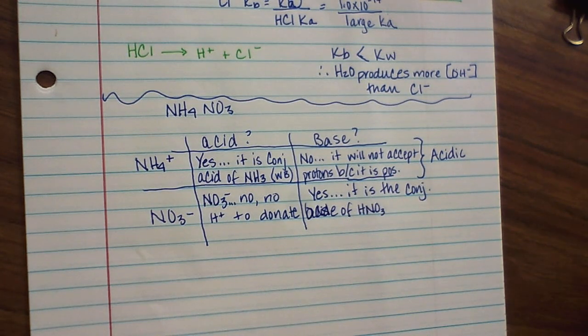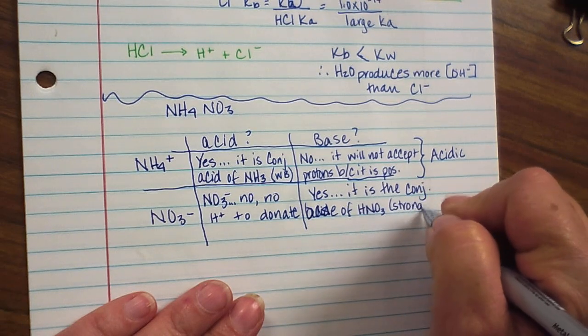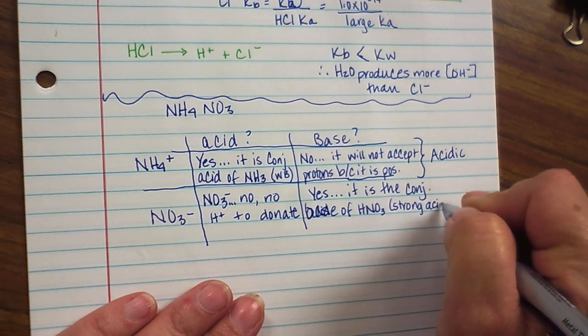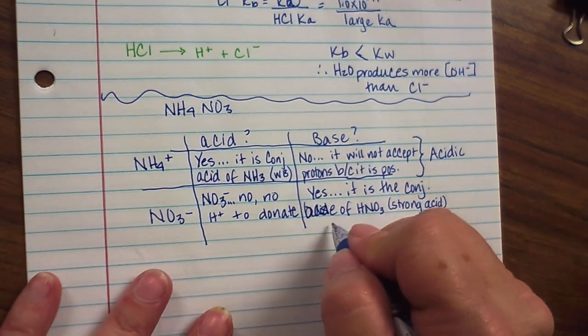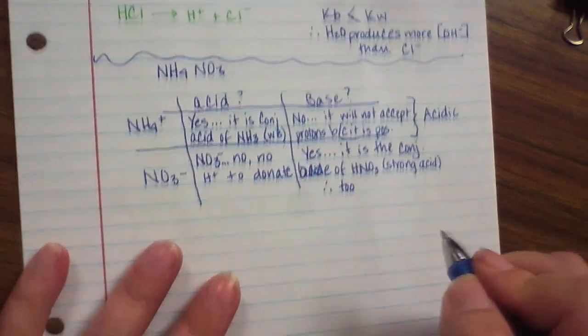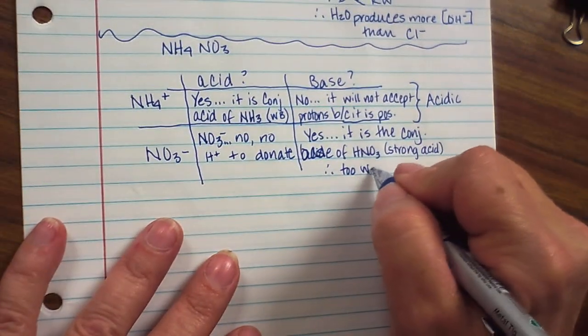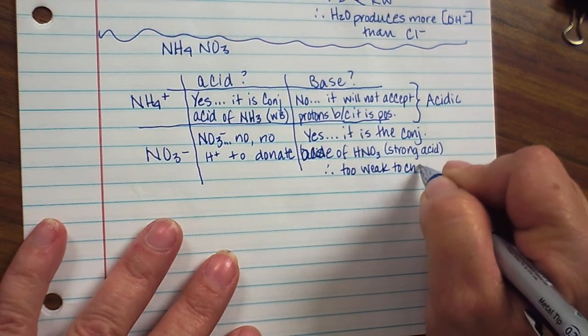Strong acid, weak acid? It is a strong acid. Yeah. Okay. So what do we know? Therefore, too weak to change pH, right?